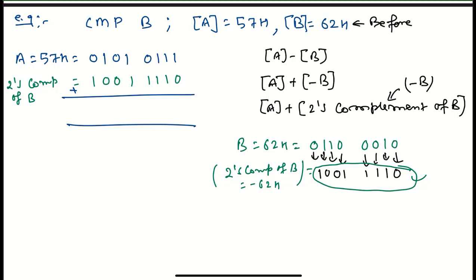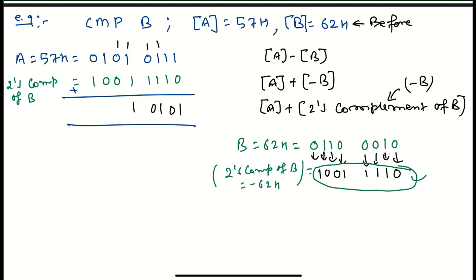From the first stage, 1 plus 0, it is 1. From the second stage, 1 plus 1, sum will be 0 and carry will be 1. From the third stage, 1 plus 1 plus 1, sum bit is 1, carry bit is 1. From the fourth stage, 1 0 1, sum will be 0 and carry will be 1. From the fifth stage, 1 1 1, sum will be 1 and carry will be 1.